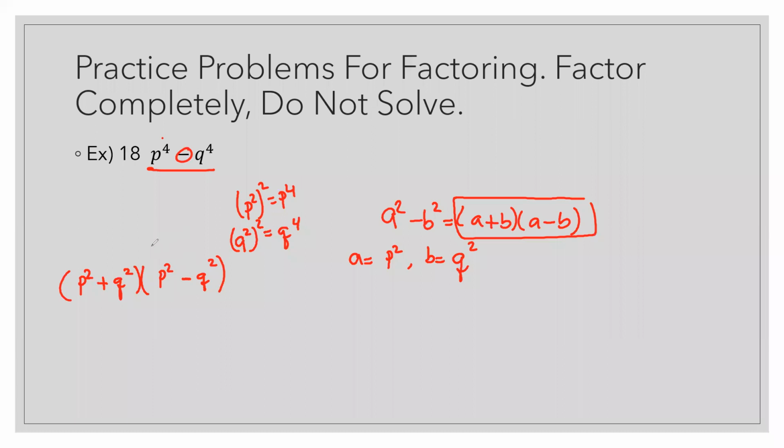Yes, actually, we can factor this. This thing can't be factored, but this thing is also a perfect square, right? So that can be factored as p plus q times p minus q. Then over here we have p squared plus q squared. And now this is completely factored.